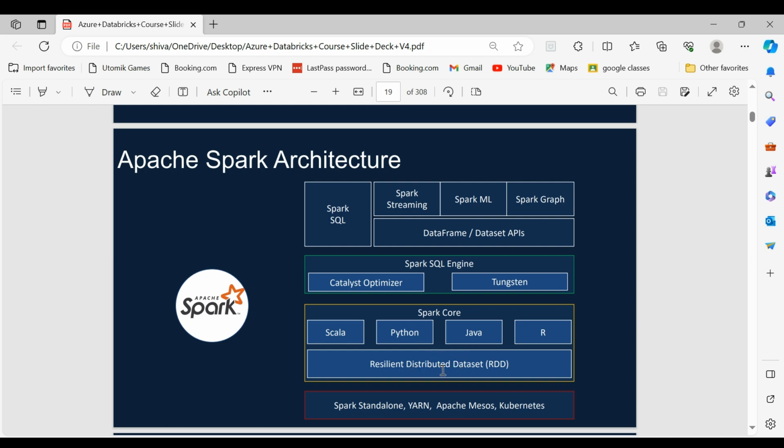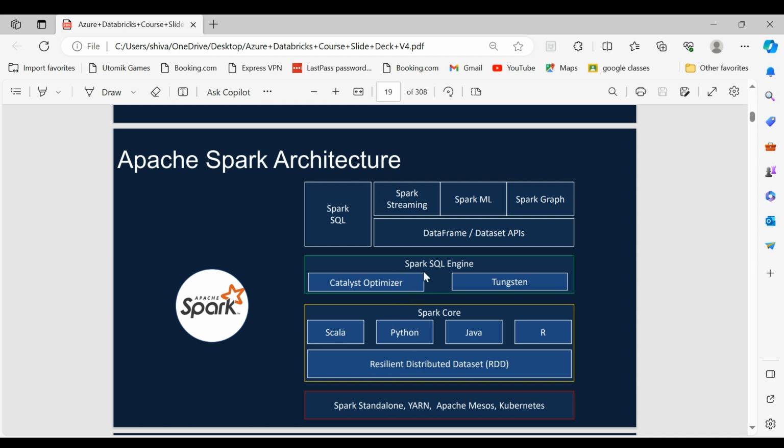Early development in Spark was done using these APIs, but it had its drawbacks. It was difficult to use for complex operations, and optimizing for Spark was mainly down to the developer to write optimized code. So in order to optimize the workload, Spark introduced the SQL engine.